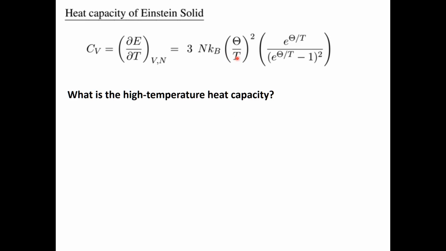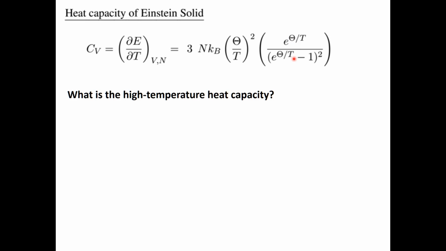If temperature goes to infinity, this term is 0, and this term is e to the theta over t, so this is e to the 0, so this is 1, divided by e to the theta over infinity, so this is 1 minus 1, squared, so this is 0 squared. So I'm dividing by a 0. I'm taking the limit of t goes to infinity, but I'm dividing by a 0.